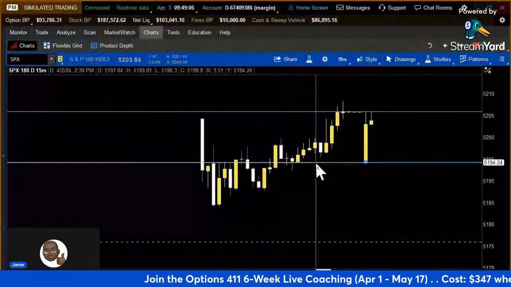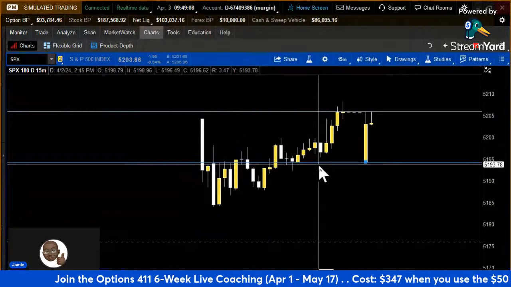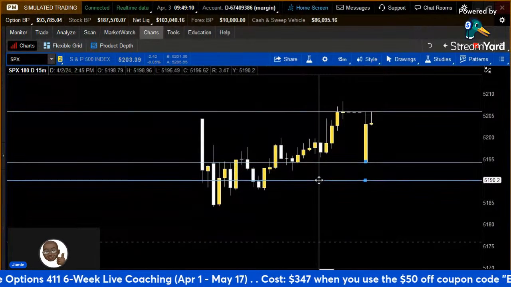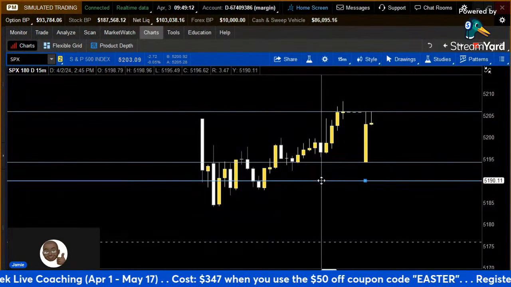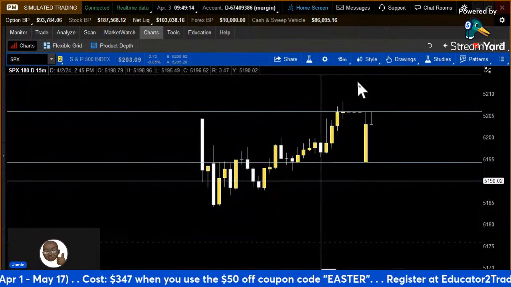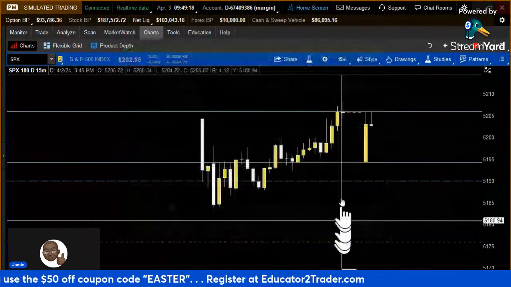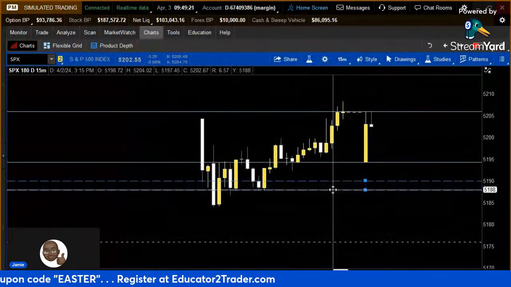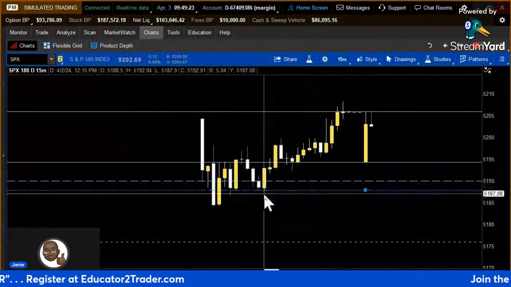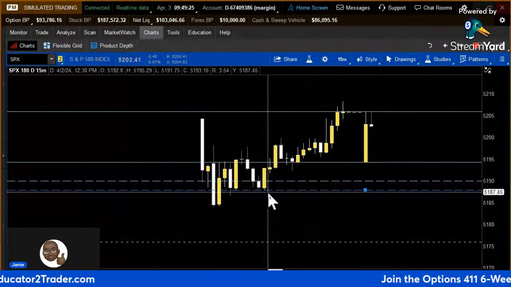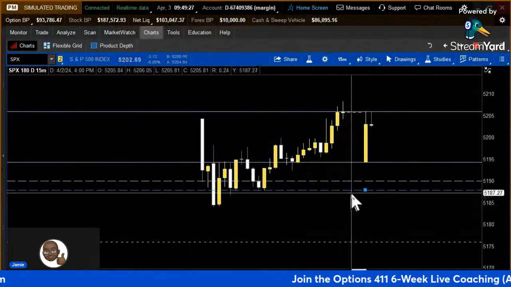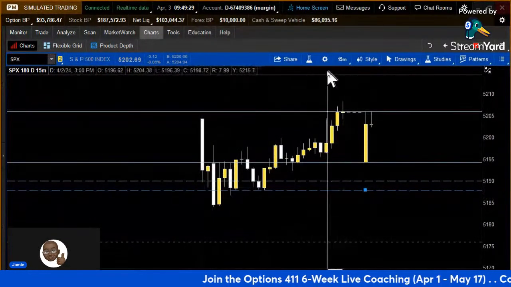So there's at least one zone we know that is below where we are. So at the very least, we got that going for us. We'll come back and take a look in a second.